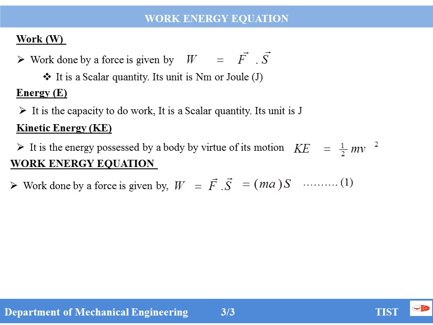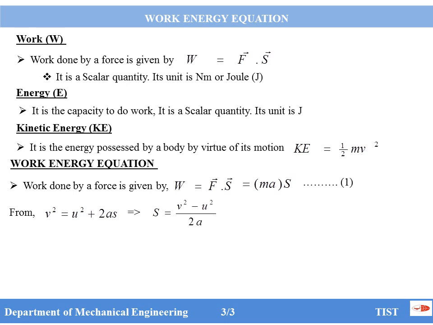I am putting this equation as 1. We already have the kinematic equation v square equal to u square plus 2as. If you rearrange that equation, we will get s as v square minus u square all divided by 2a.